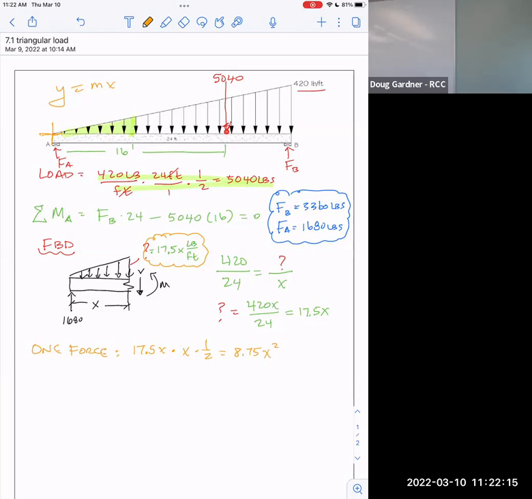Again, out of interest, if I plugged in x is 24 here, I should get 5040, shouldn't I? So if x is all the way across this thing, a second ago we got 5040 for this. What we have here is a formula that tells us that no matter what the length is. That's kind of cool. And there's not a way around this. This is complicated and surprising and painful.